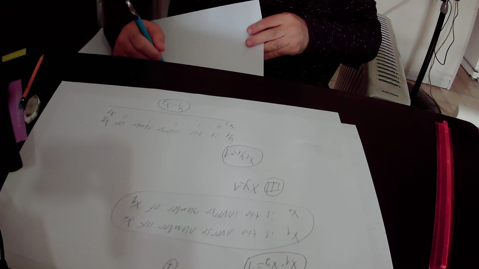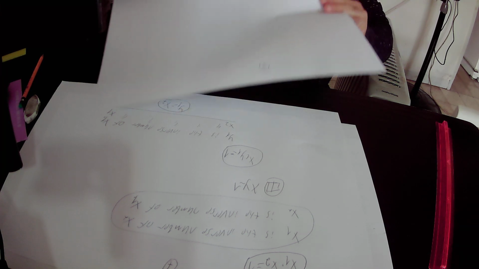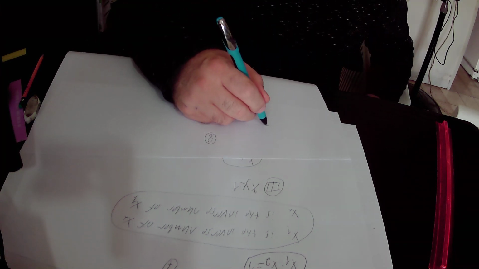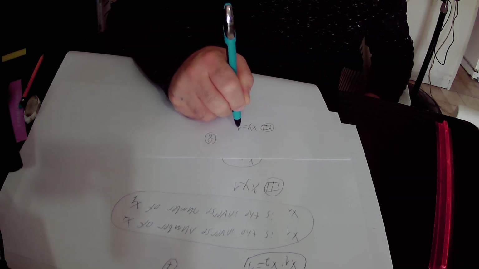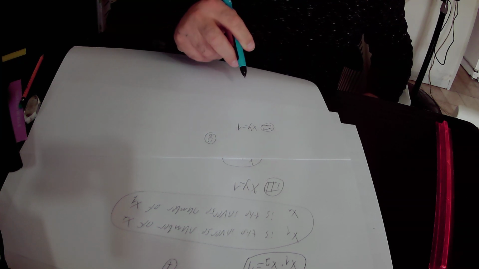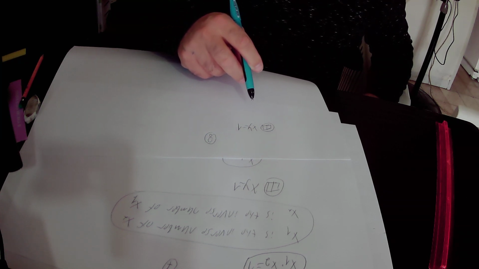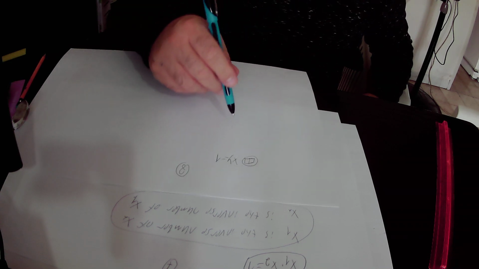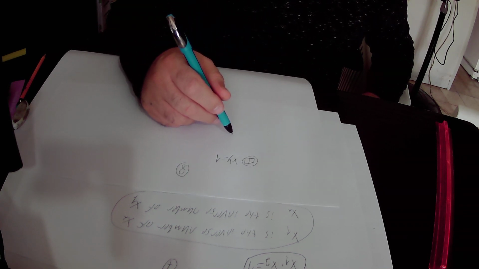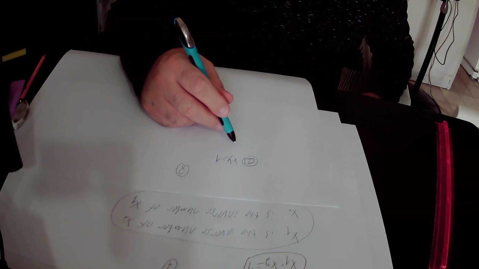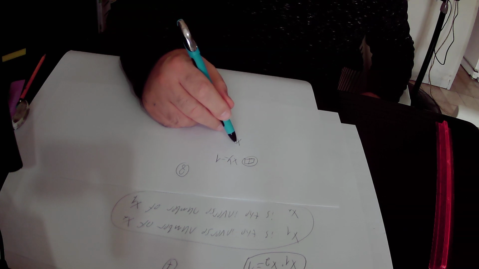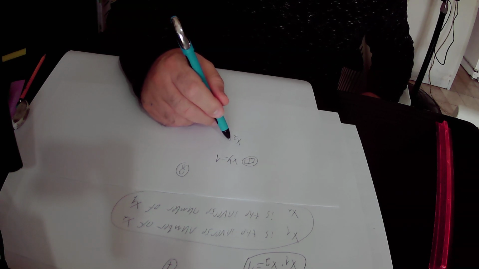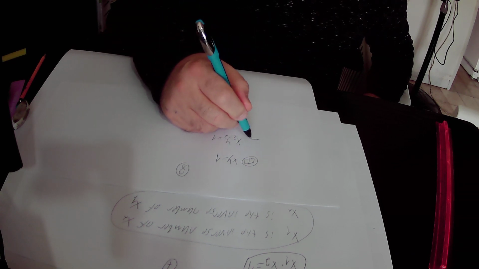We also have, from equation number 3, that x times y equals 1. So if we put the solution inside equation number 3, the second solution is x2 and y2. We will get that x equals x2, this is the solution, and y equals y2. So x2 times y2 equals 1 according to equation number 3.